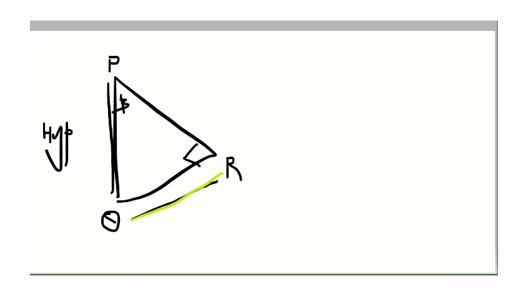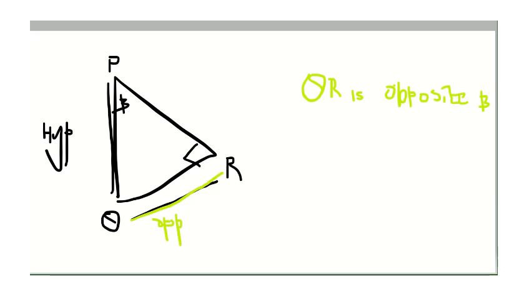So we can say that QR is opposite beta. So this is the opposite side of beta.